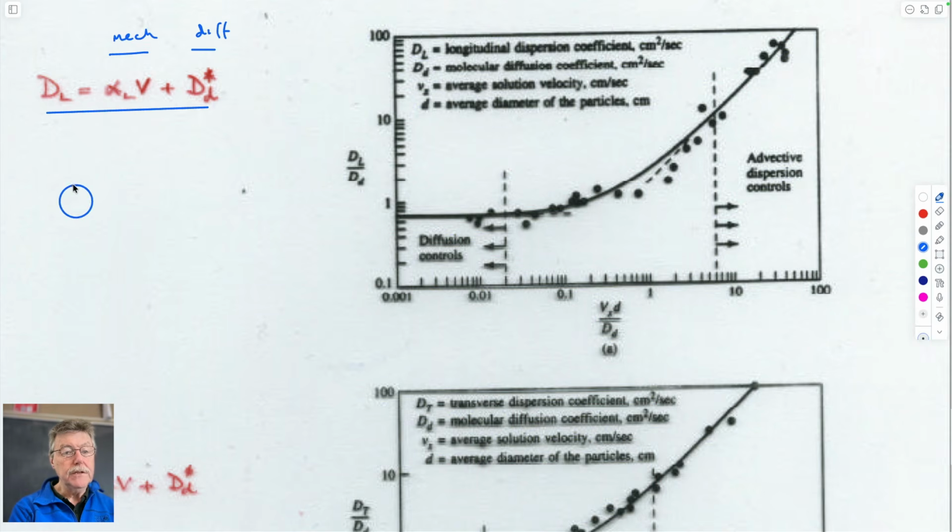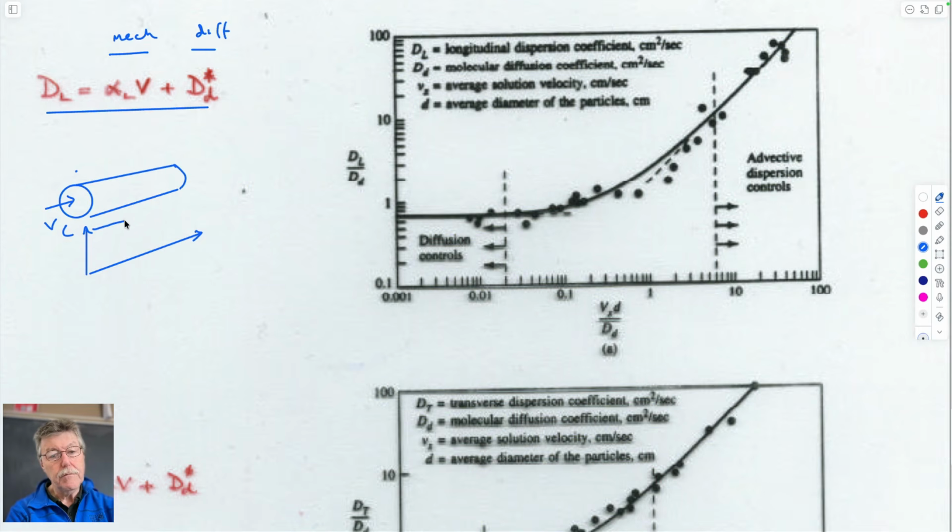So what you could do is run an experiment by flowing fluids along here at different velocities, and at the output, I guess you can't really do it inside the sample. Inside the sample you could measure the concentration, not very easy to do. Or more likely at output you could measure how the concentration changes with time.